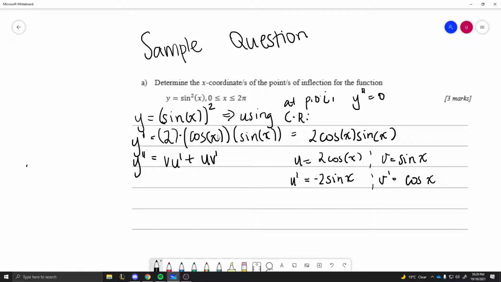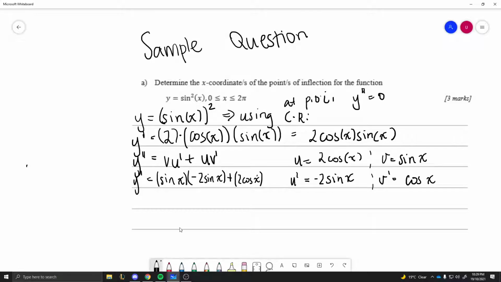So now let's sub these in. y dash dash is equal to v, sine x, times u dash, negative 2 sine x, plus u, 2 cos x, times v dash, which is cos x.